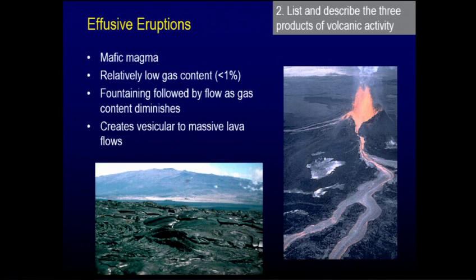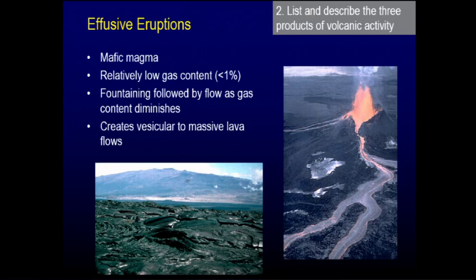Effusive eruptions are the kind of eruption you get if you have mafic magma. So it starts out low in silica, high in magnesium and iron, a dark lava, with relatively low gas content. We talked about the idea that mafic magmas have low silicon to oxygen ratios, so they don't polymerize as much.